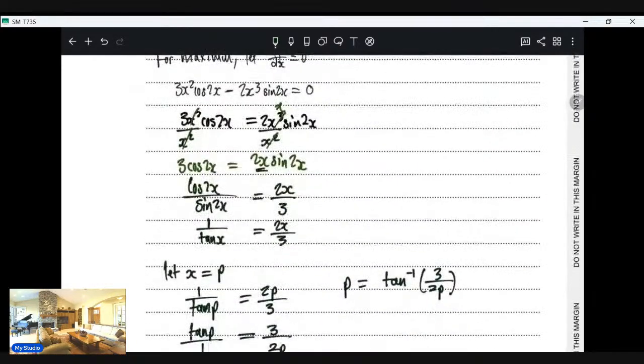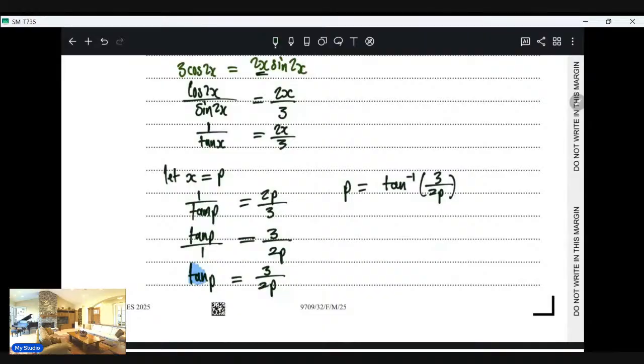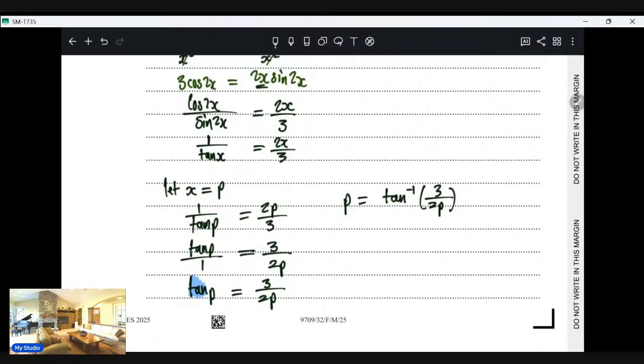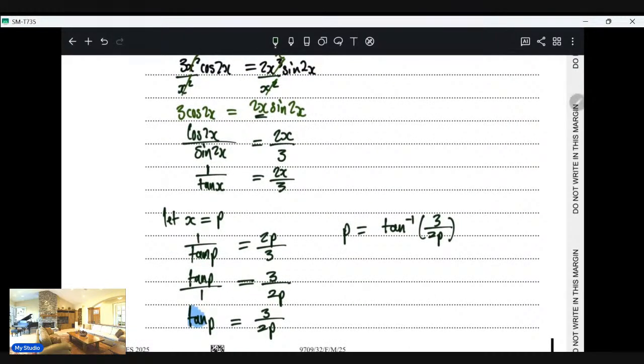Where's the half? We left the half somewhere. Let me see. Oh yes, this is tan 2x, not tan x. So if we say let x be p, this would be tan 2p. You flip it, and it becomes tan 2p.